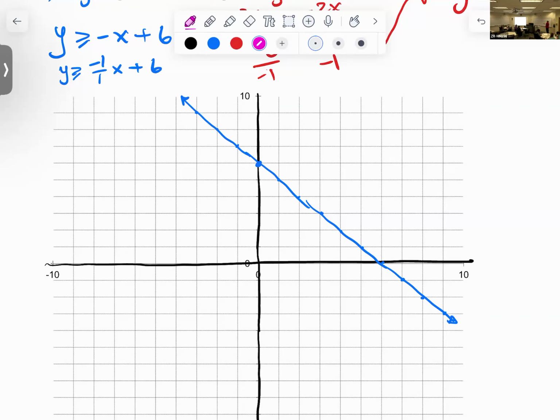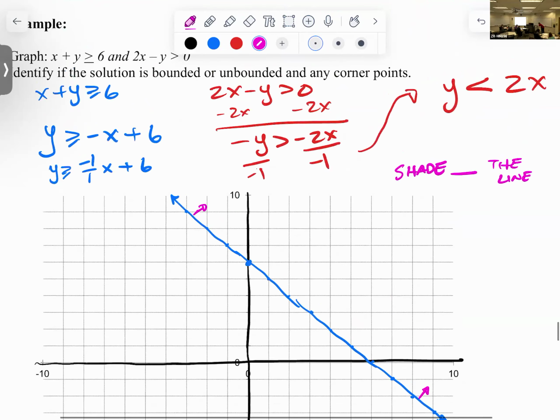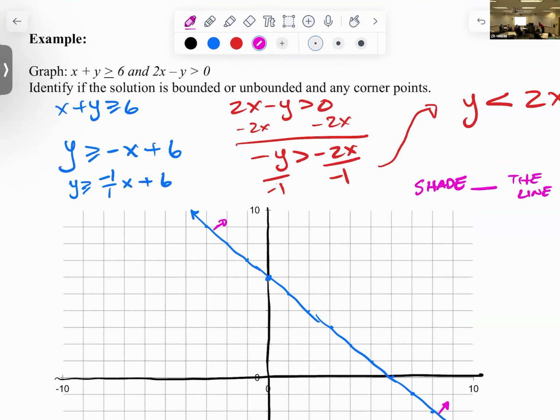As long as you always write it in y equals mx plus b, you basically just say it out: shade blank the line, whichever way it's facing. If it's facing towards the y, that's above. If it's facing away from the y, that's below. So we're gonna shade above, but we're not gonna shade this yet. I'm just telling myself later I need to shade above, because I'm trying to find the complete solution region with both of these lines together.